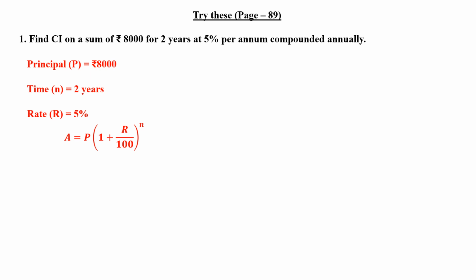So your principal amount here is 8,000 rupees and your rate is 5%. Time is 2 years, so your n, which means time, is 2. Now reduce it: 5 times 1, 5 times 20. And if you take the LCM, it will become 20 plus 1 by 20 whole square.